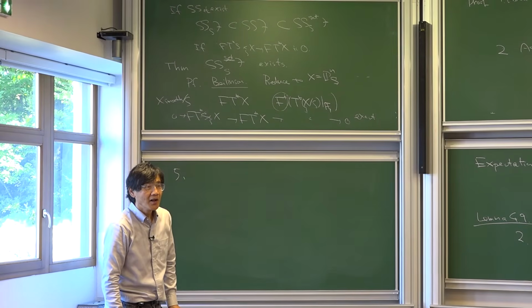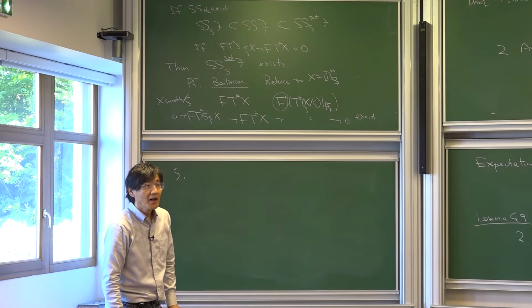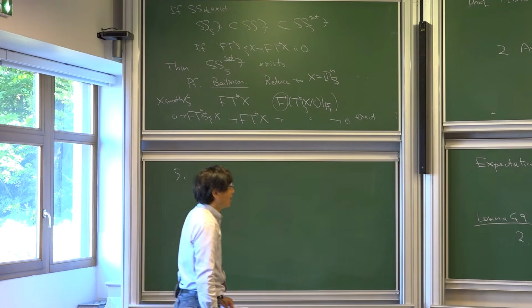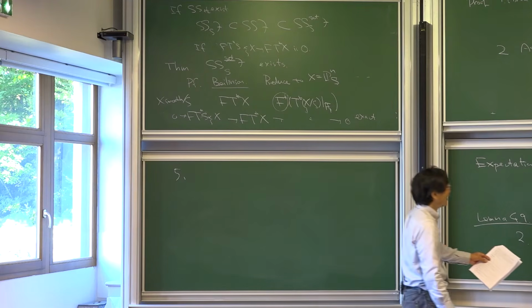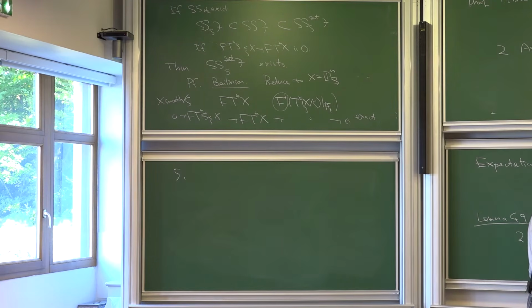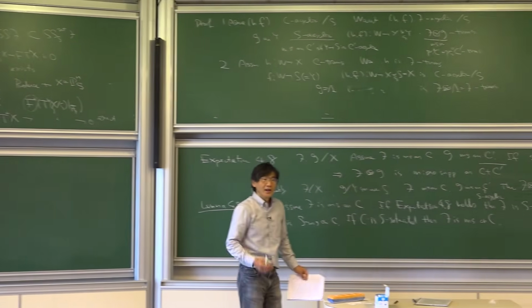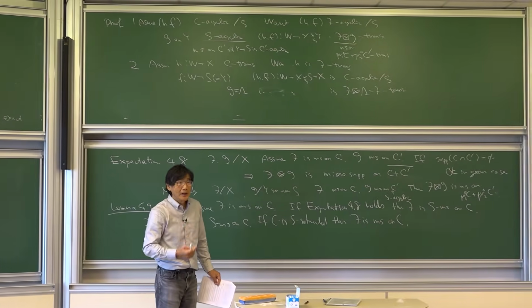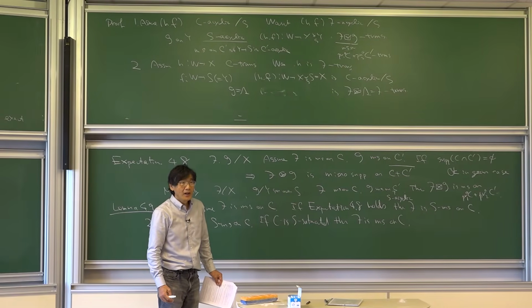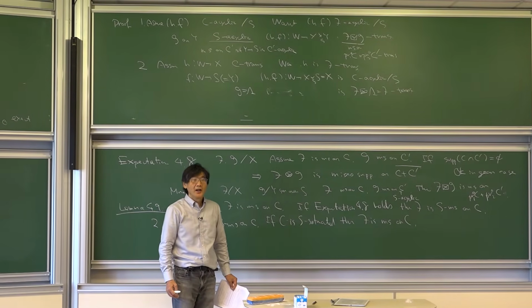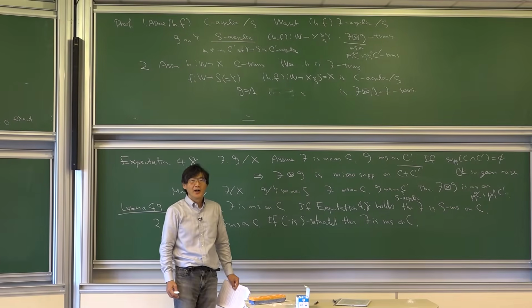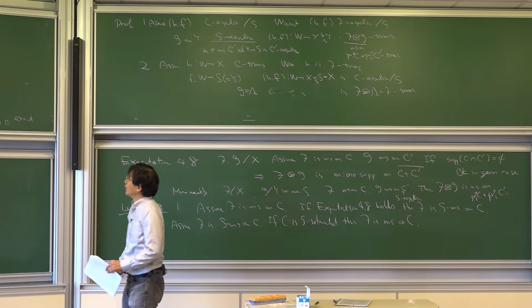You do it with S micro-supported, and in the lemma you need expectation 4.8. So this means that to prove there is a smallest saturated conical subset on which F is micro-supported, you need expectation 4.8, or not?